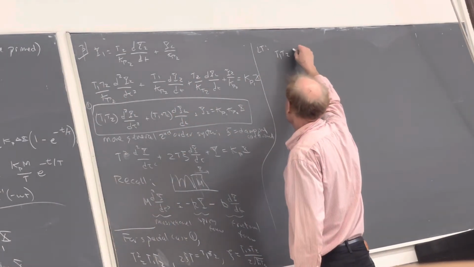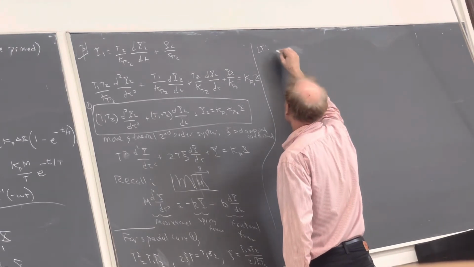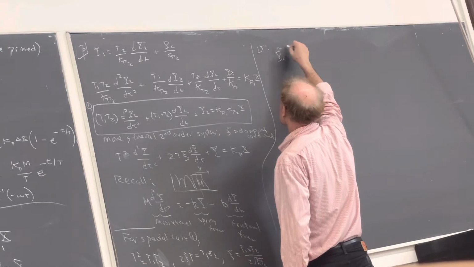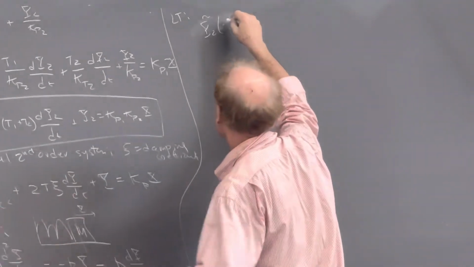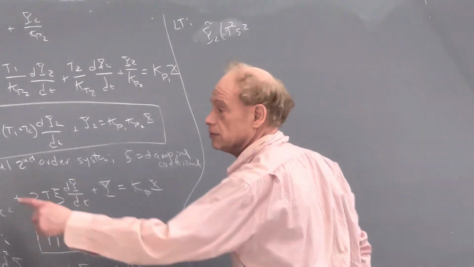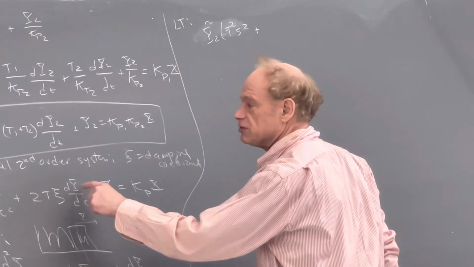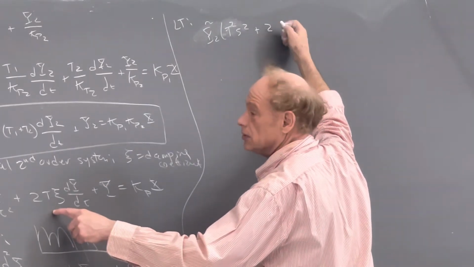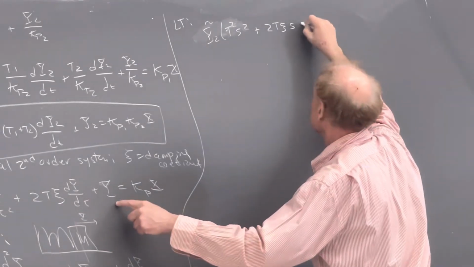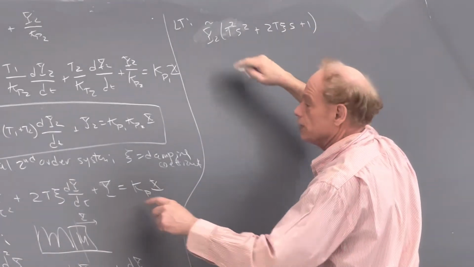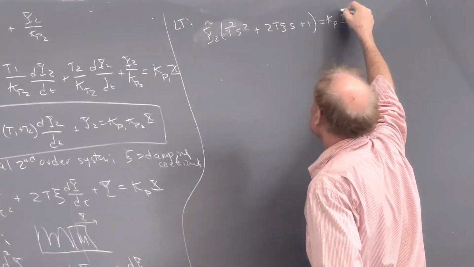So I've got s squared times y2 tilde, times tau squared, and now this gives me an s, 2 tau c s, plus 1, times y2 tilde is Kp x tilde.